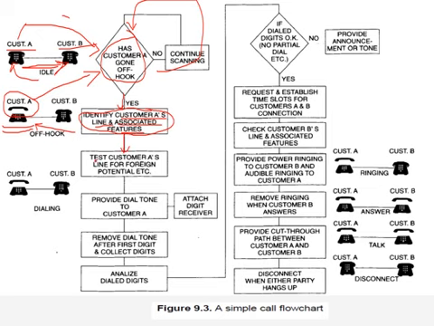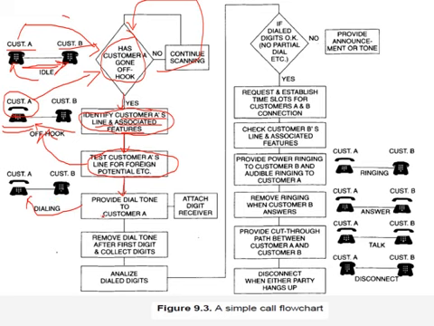Once that is done, I test the customer's line to see if any foreign potential is present or not. What I am testing is that this off hook condition should not be due to some line problem or trunk problem or any other problem at the device end. Once everything is fine, customer A, once he lifts the phone, gets a dial tone.